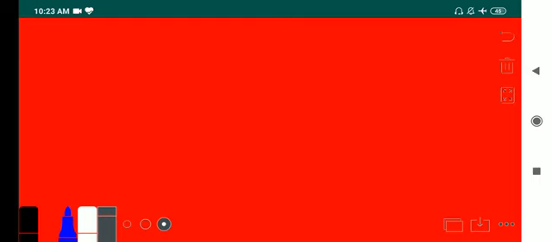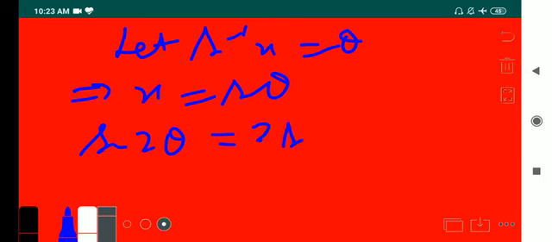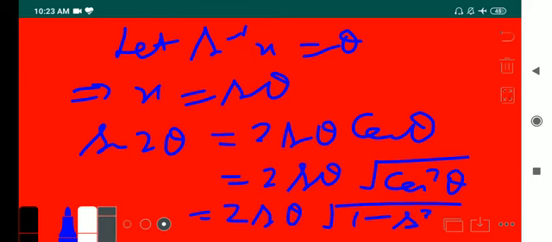So we'll solve this question. Say let sin inverse x equal to theta. So we can say x equal to sin theta, right? And we know the formula of sin 2 theta. Can you recall the formula of sin 2 theta? Sin 2 theta is 2 sin theta cos theta, and this can be written as 2 sin theta under root cos square theta, and this can be written as 2 sin theta under root 1 minus sin square theta.